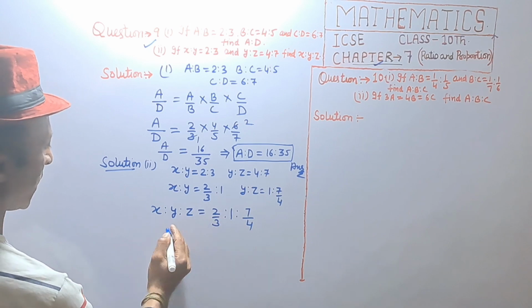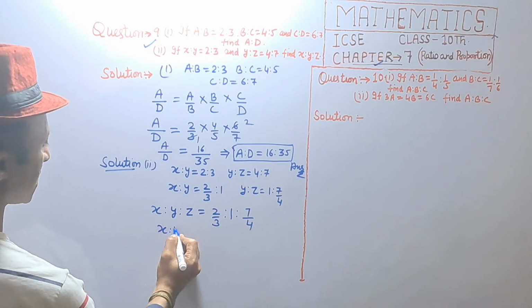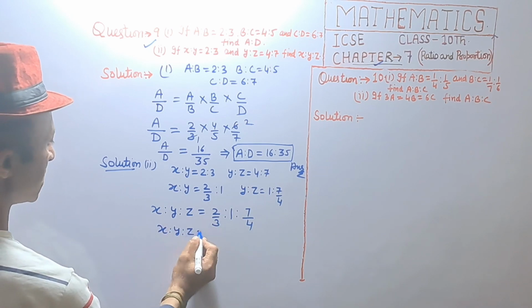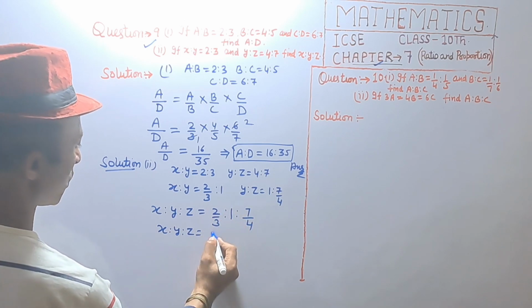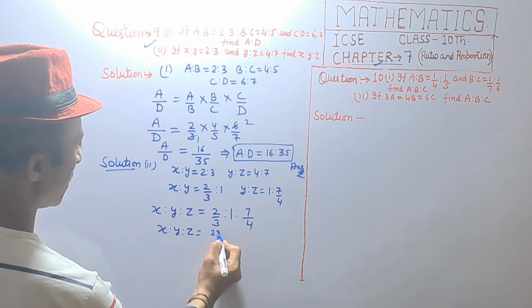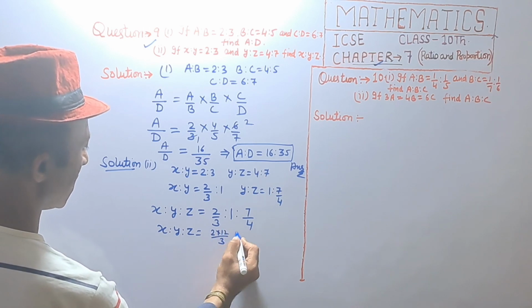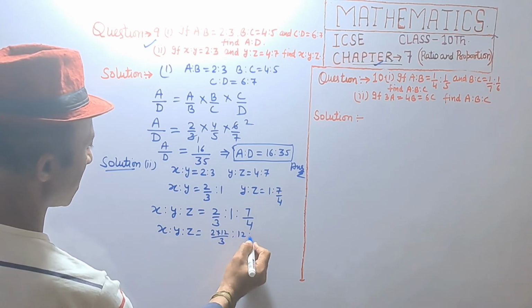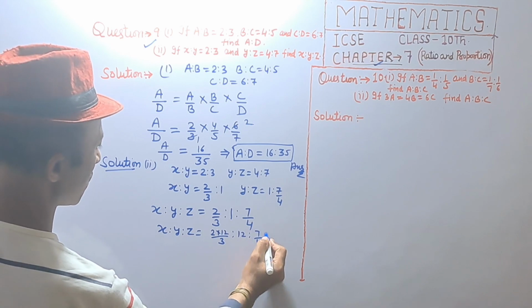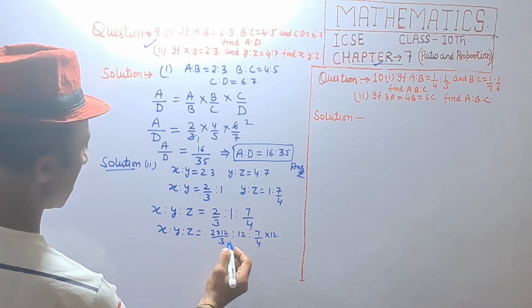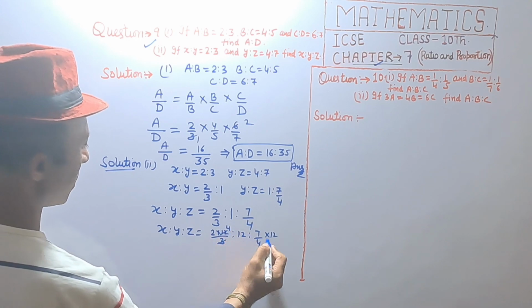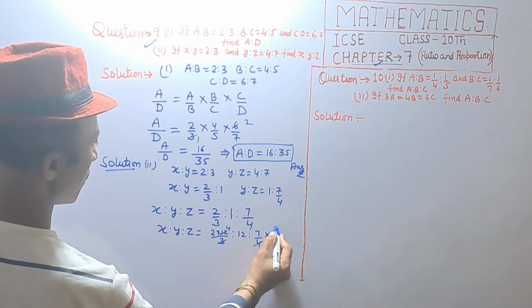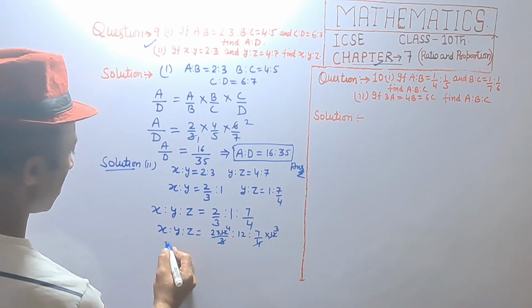LCM is equal to 12. X ratio Y ratio Z is equal to 12 divided by 3, 3 fours are 12, so 4 into 2 upon 3 ratio 12 ratio 7 upon 4. LCM is 12. That is 3 fours are 12 and 4 threes are 12.